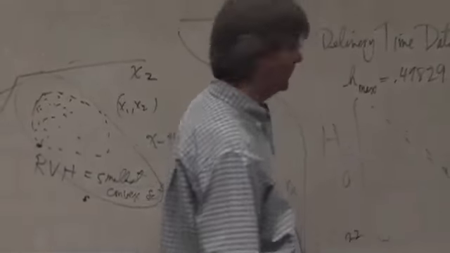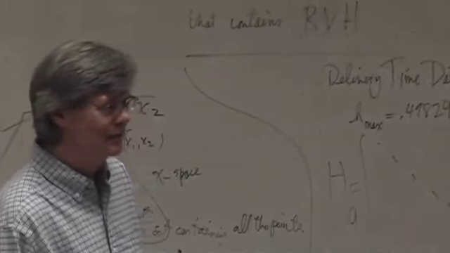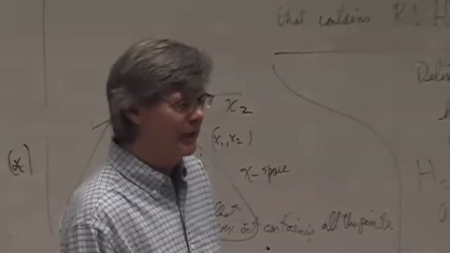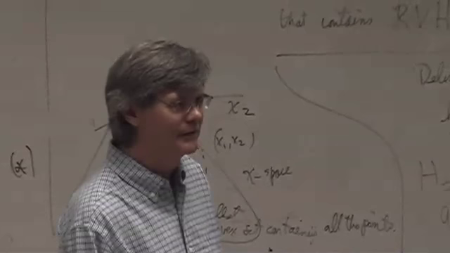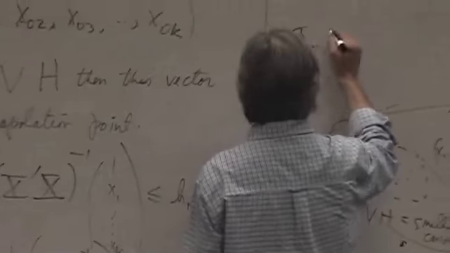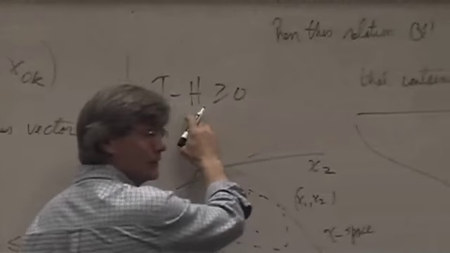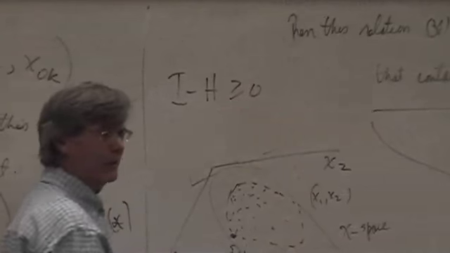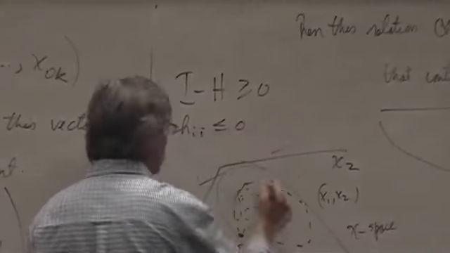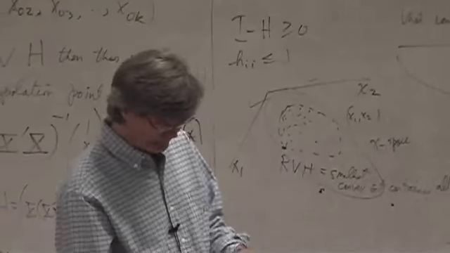Well, because I minus H is still a positive matrix, I guess. The identity minus H is still a non-negative matrix. So, non-negative definite. You can't have anything negative on the diagonal. That's one way to think about it. Okay. So I minus H is a non-negative definite matrix. And if you had a negative number on the diagonal, then it wouldn't be a non-negative matrix anymore. Okay, so h_ii is less than or equal to 1.